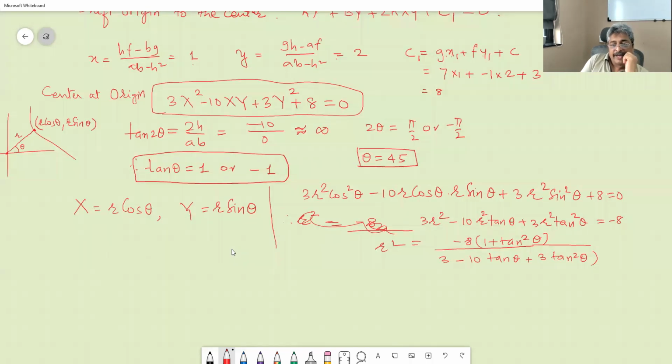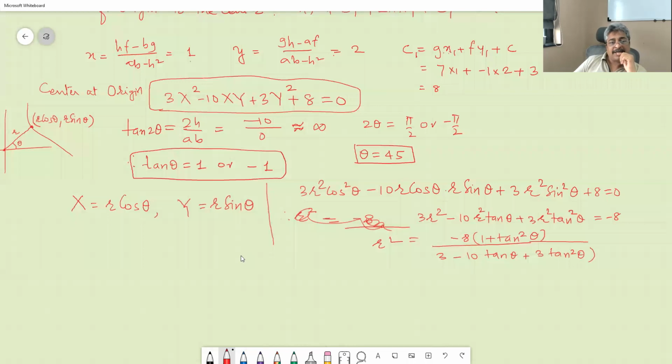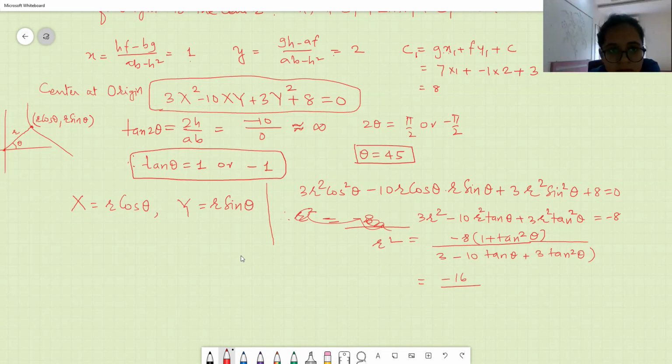If this is your r square and you know tan theta, suppose tan theta is equal to 1, then r square is equal to minus 16 upon, this is 1, so 10 minus 9 is 1, so minus 16 upon minus 1 is equal to 16.